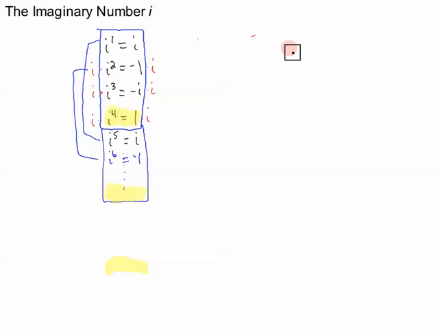Okay, so how would you use that then to figure out i to the 27th power? Well, you want to find the closest multiple of 4 to 27, which is 24. So i to the 24th is 1.